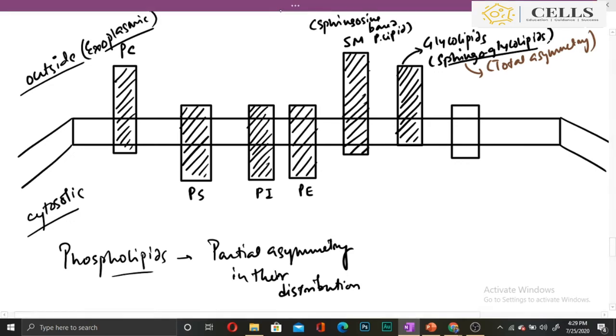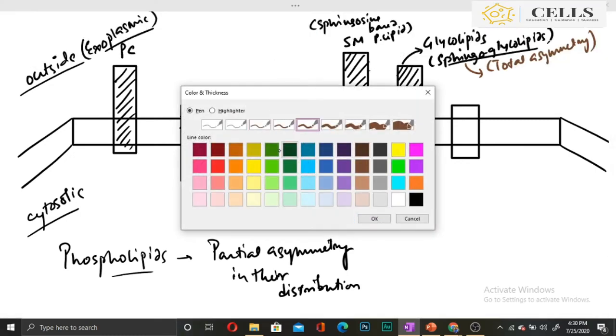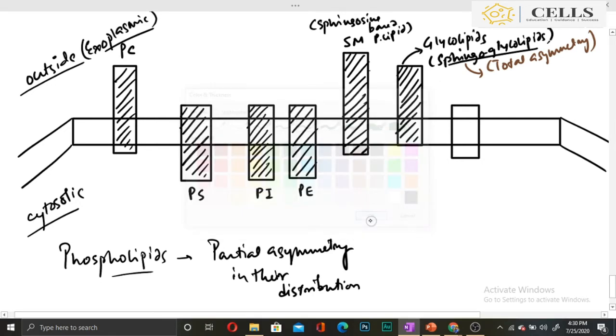And there is another kind of membrane lipid. It is actually not a lipid, but we learn it in the form of lipid. This is also very important. You can see it is present equally in the exoplasmic phase and equally in the cytosolic phase.